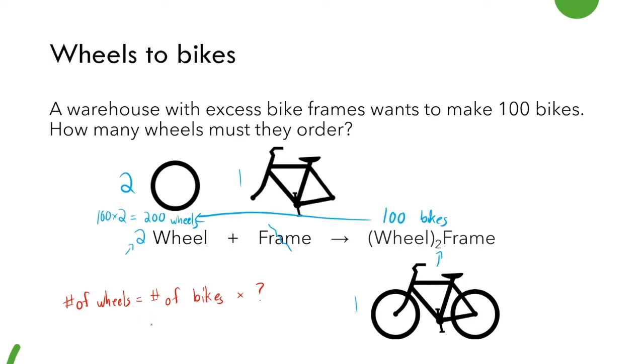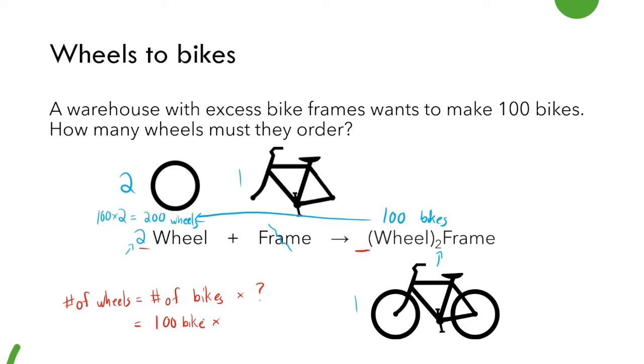But let's pretend that our intuition wasn't so good. Let's pretend that this was a more difficult situation. We can actually do this with unit canceling. So we're going to say the number of wheels is equal to the number of bikes, we already know that, times the coefficient in front of the wheels and the bikes.